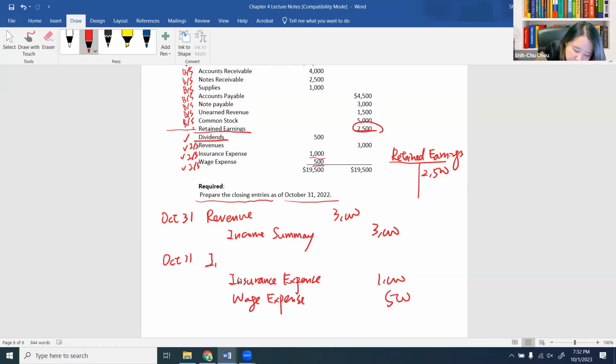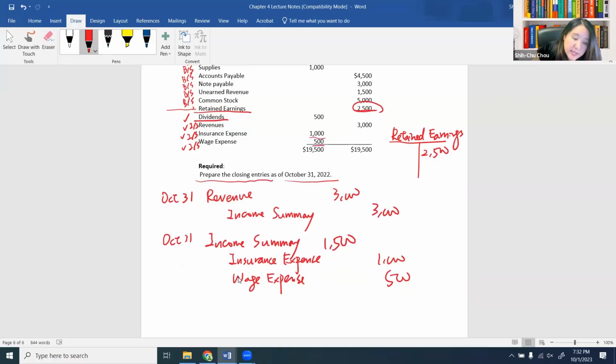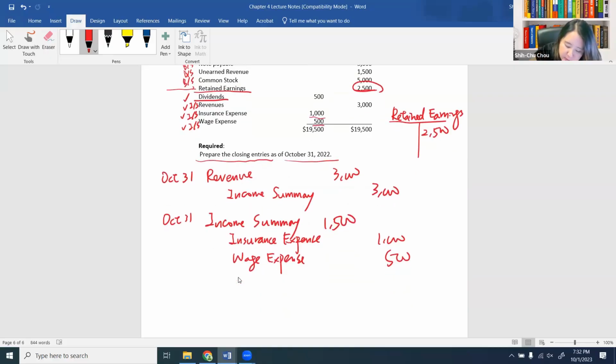And on the debit side, we'll debit this amount to income summary, 1,500. After we close out all these revenue and expense accounts to income summary, you can just draft the income summary T account, put in these amounts and double check.